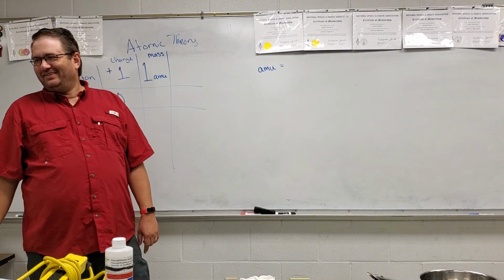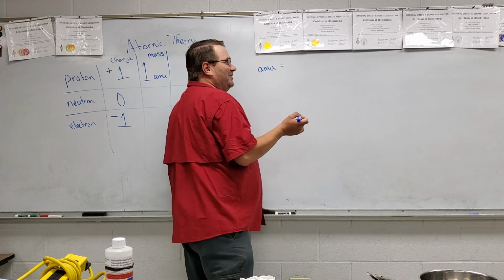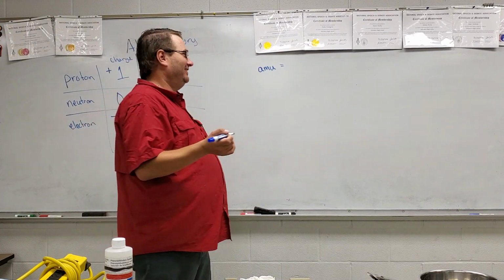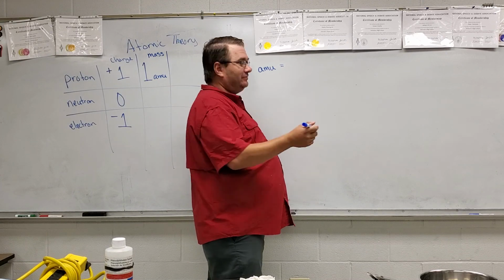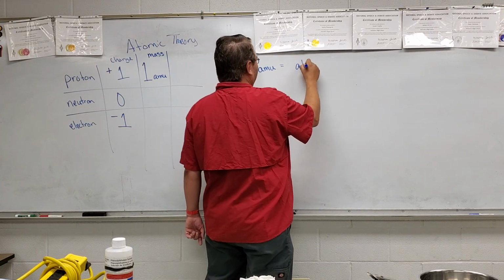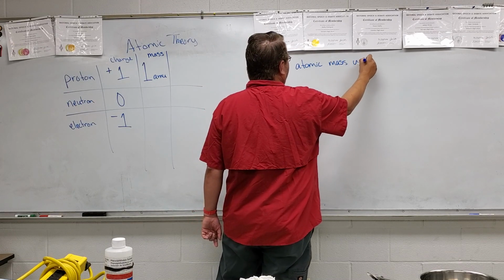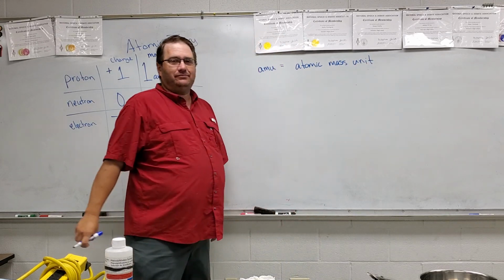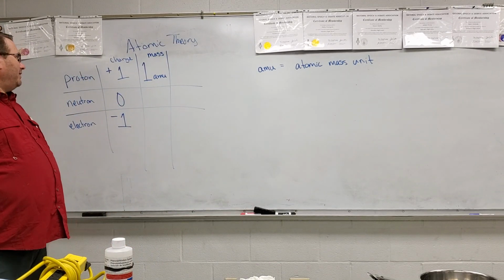Atomic mass unit. Very good. Atomic mass unit. So, a proton has a mass of 1 AMU.